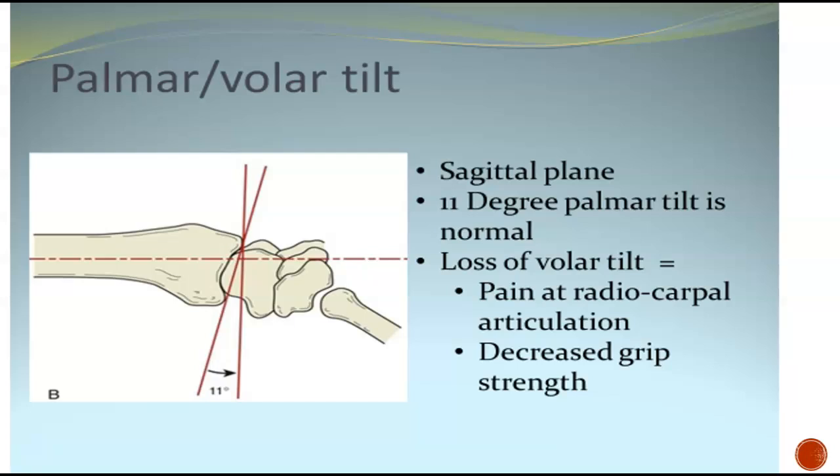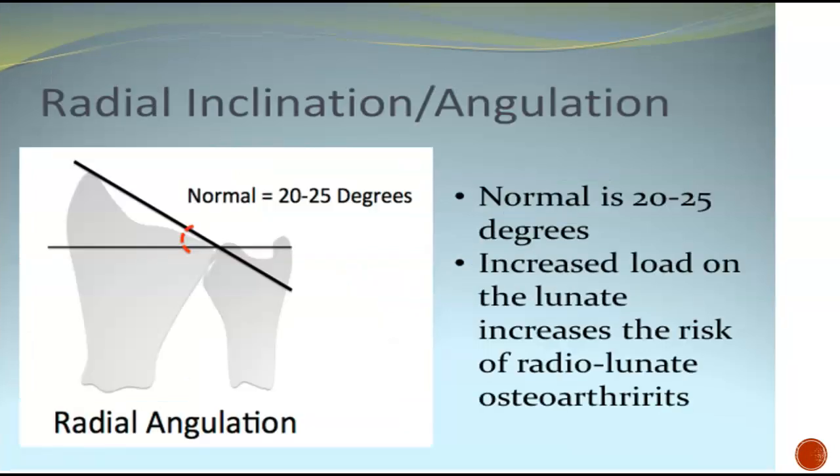It can also cause a decreased grip strength and a painful grip, and also it can cause a significant loss of palmar flexion, which could be up to a loss of 20 degrees of wrist flexion or more depending on the amount of dorsal tilt as compared to the normal palmar tilt measures.